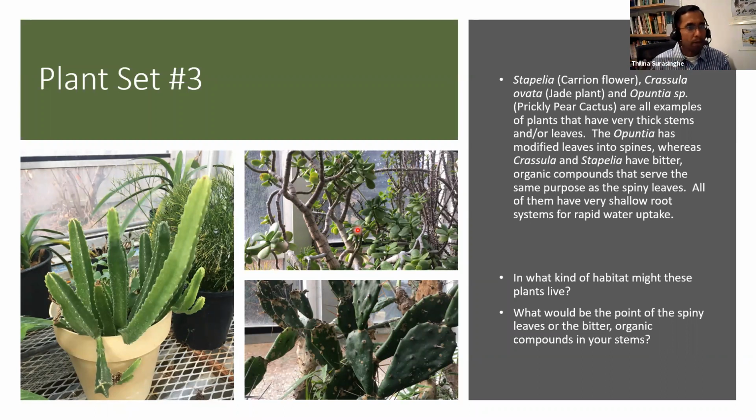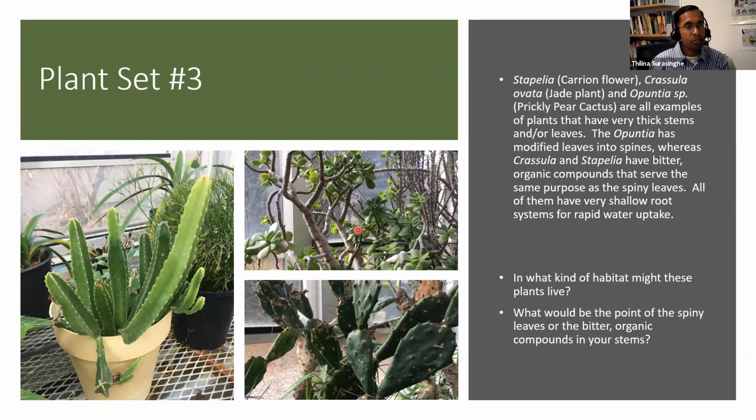The opuntia, which is the prickly pear cactus, has modified leaves into spines. They have leaves, but those are like spines. They are not even green, not even photosynthetic. As a spine, they provide more protection to the plant from herbivores than photosynthesizing.